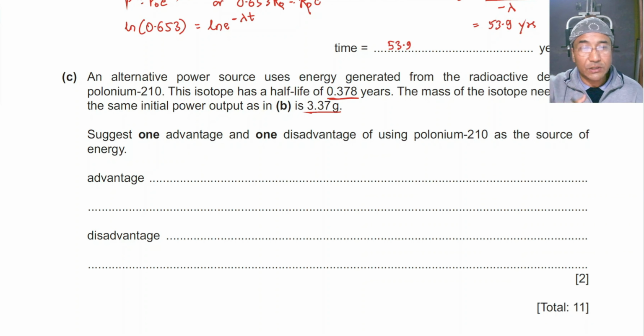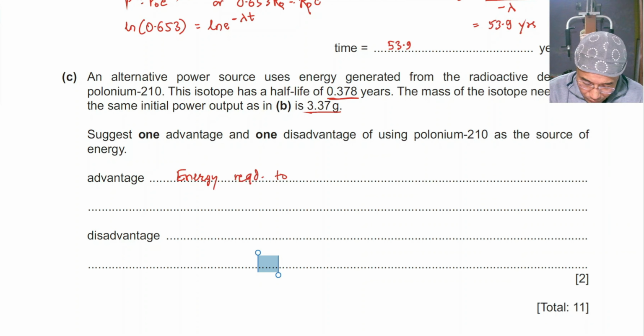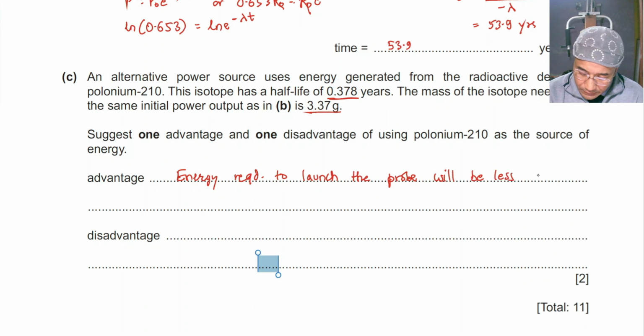So to lift the probe or to take the probe from Earth to space or wherever, the energy required to launch the probe will be less due to less overall mass.